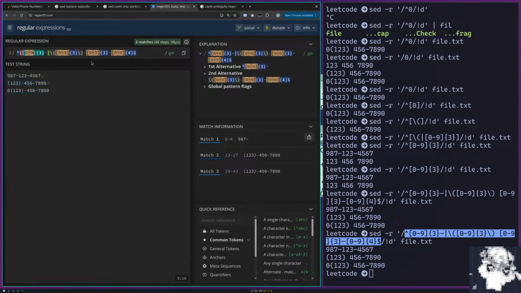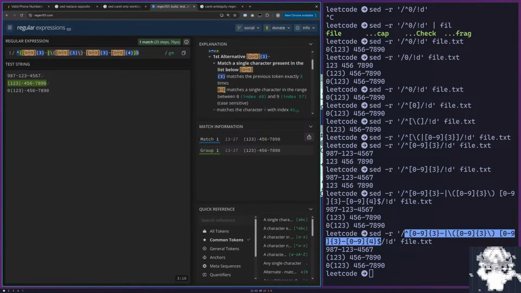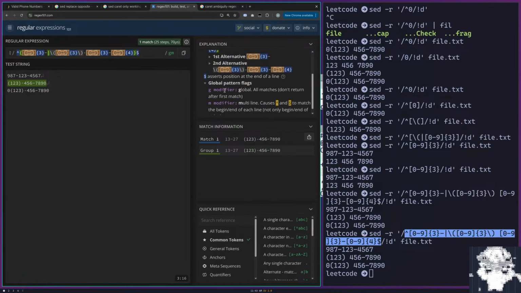That's where I can put one set of parentheses around everything. So start of line, first group, end of line. And then we've got two alternatives.